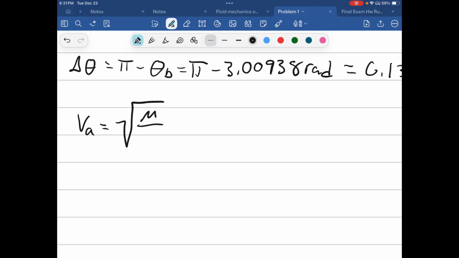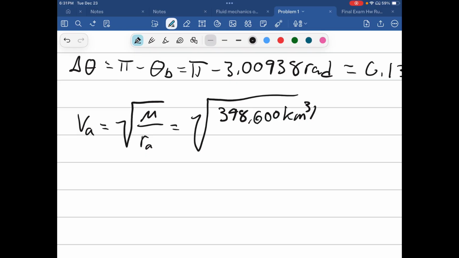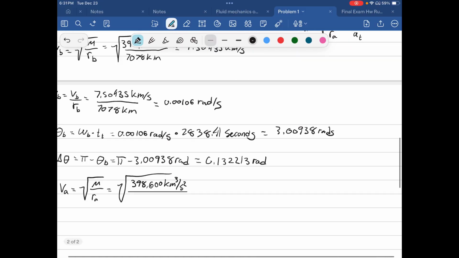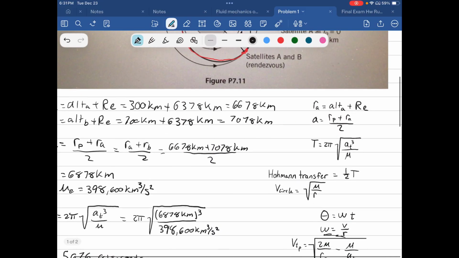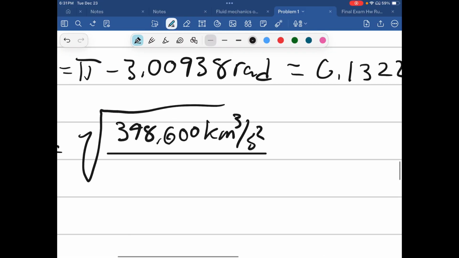So VA equals the square root of mu over RA, equals the square root of 398,600 kilometers cubed per second squared over RA, which was 6,678 kilometers.